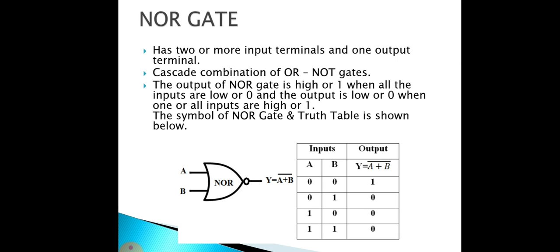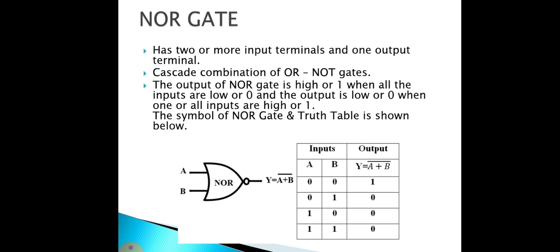The symbol of a two-input NOR gate is as shown in the figure, where the bubble on its output side represents inversion. The truth table of a two-input NOR gate is as shown in the figure, which shows that the output of a NOR gate is high if and only if all the inputs are low simultaneously.